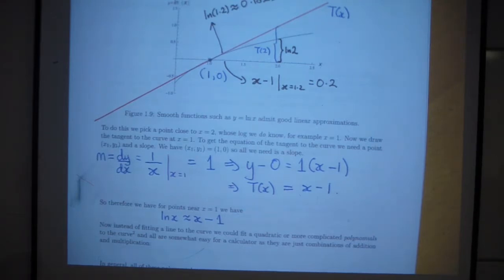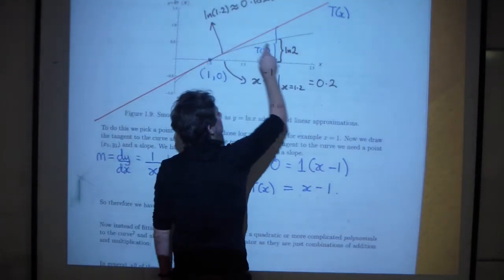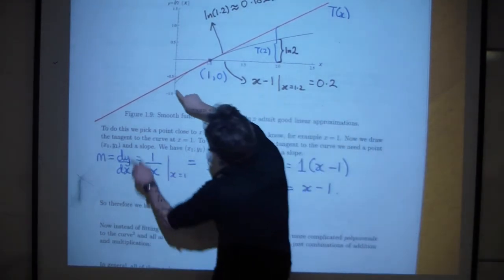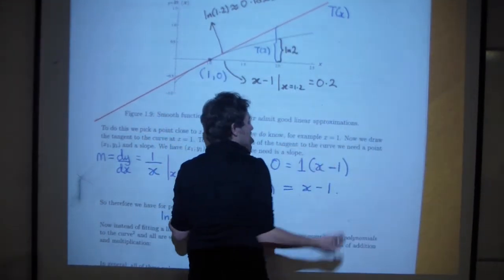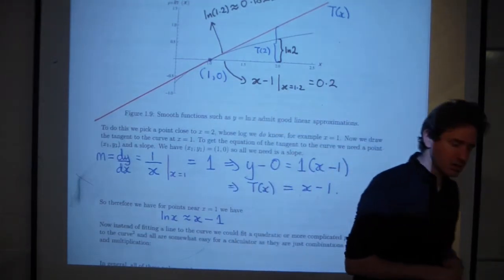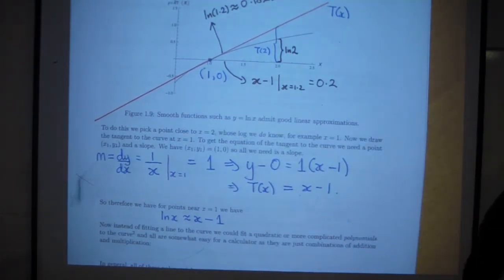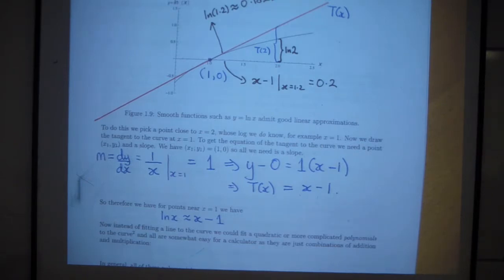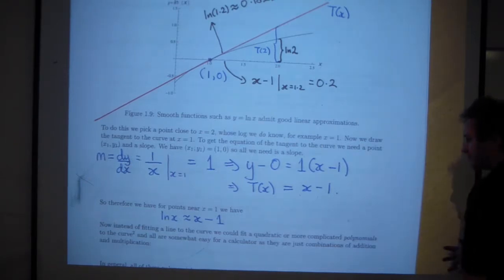Rather than using a tangent line, as this red thing is, we could use a tangent parabola. So we give it a bit of curve. Or you could use a tangent cubic, tangent quartic, whatever you want. These things where you have an x squared or maybe an x cubed or an x to the 4 are called polynomials.